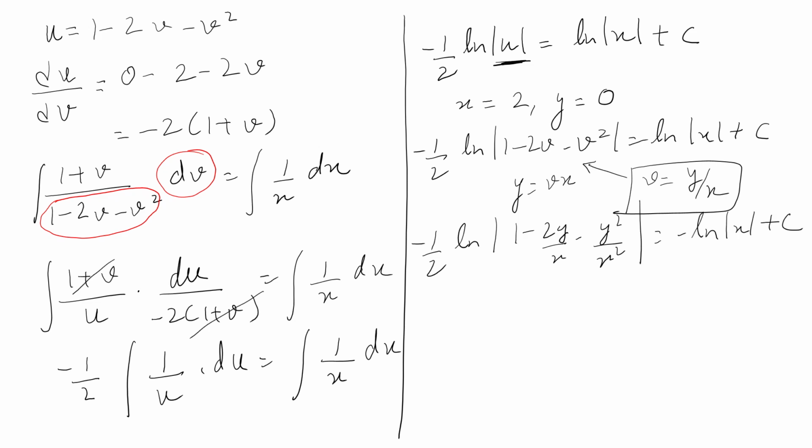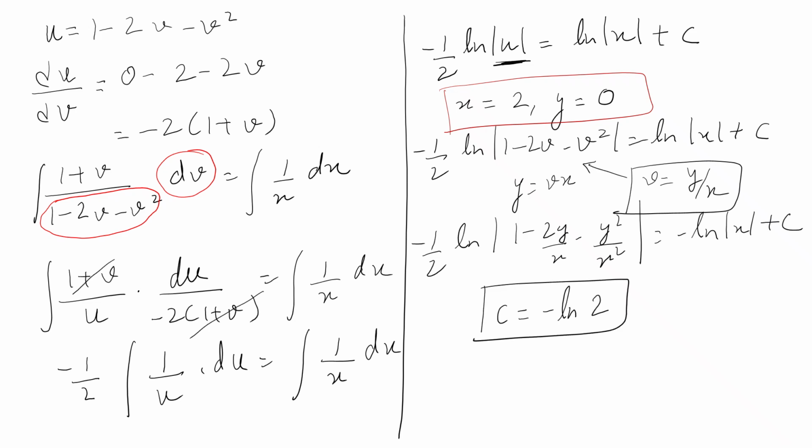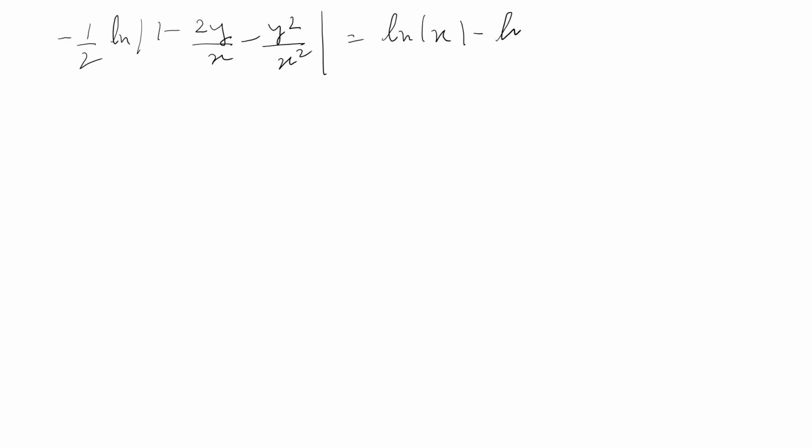Now I will be using this condition to find the c value. So once you substitute y as 0 and x as 2, we will get our c value as minus ln 2. Now I will be substituting my c value into the answer which I got earlier, that is this is equal to ln modulus x minus ln 2.